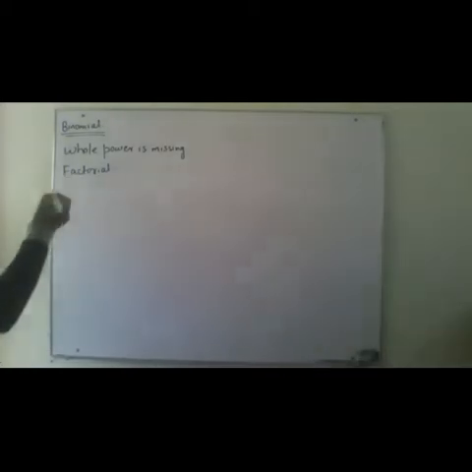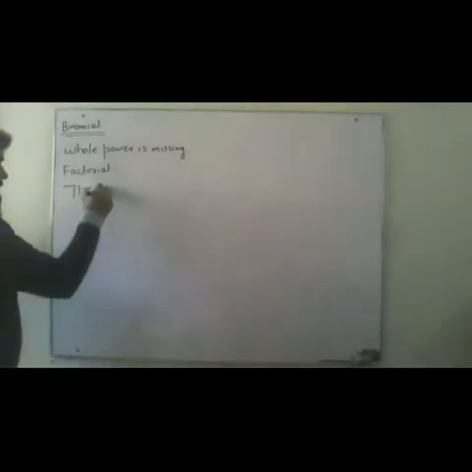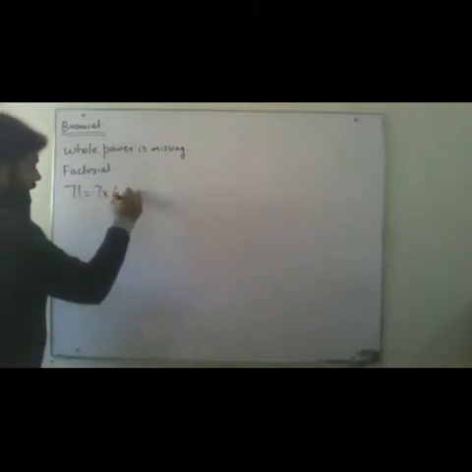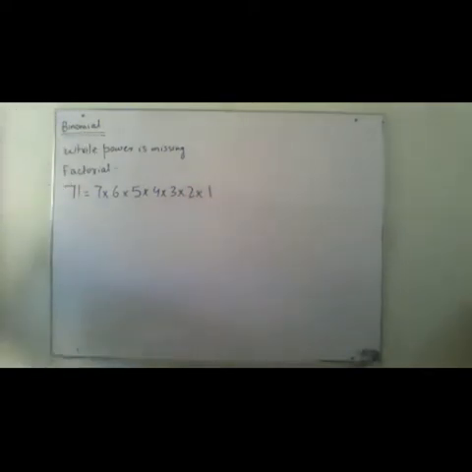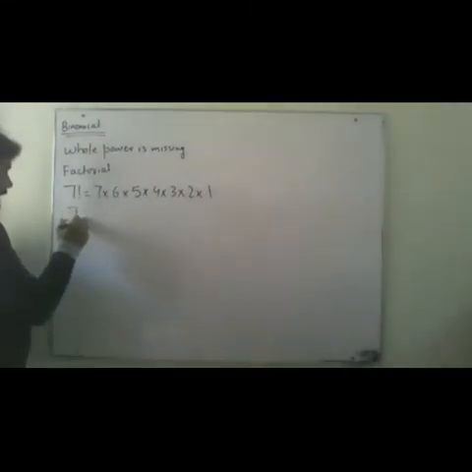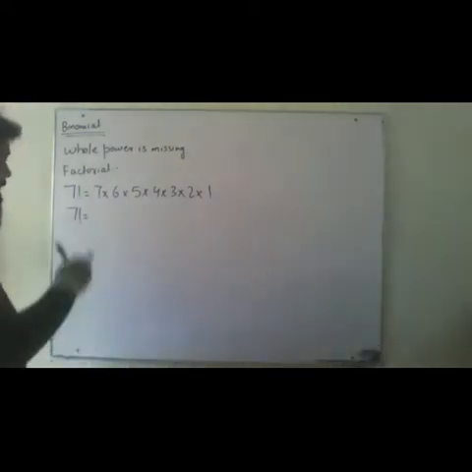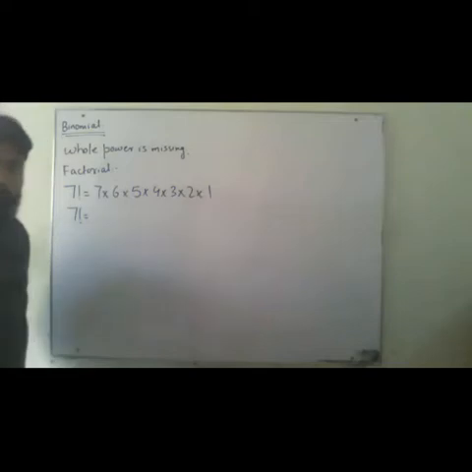Now the next thing. Like I have done 7 factorial, you have seen it: 7 into 6 into 5 into 4 into 3 into 2 into 1. Now I'm going to do it with another approach. For instance, I have 7 factorial. What is happening? It is reducing by one number at a time.